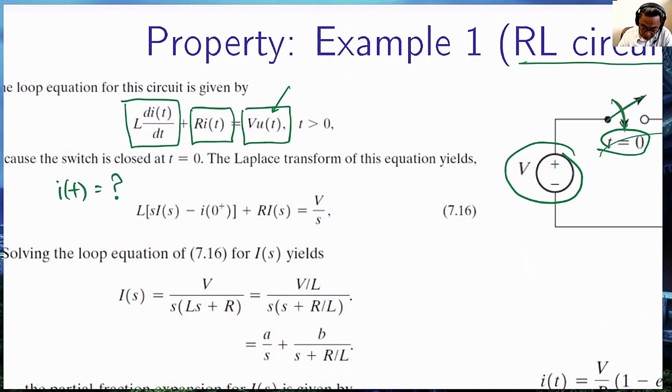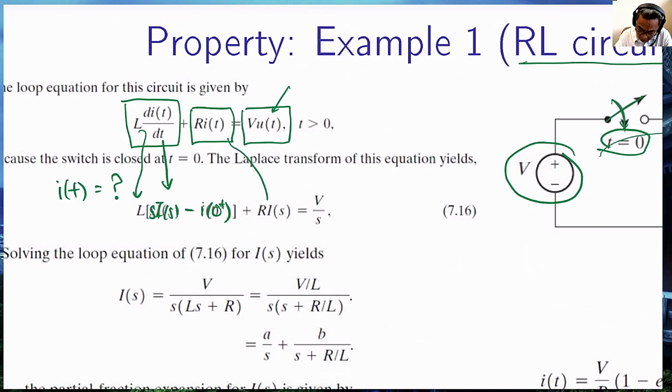Now, very quickly you realize that we apply the differentiation property. di dt is s I(s) minus i(0). Sometimes we don't use the plus because it's understood whether it's plus or minus. Now, what about L? L is a constant here, so L drops out outside.